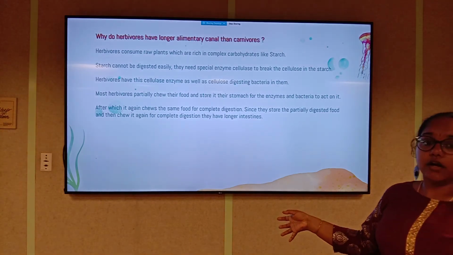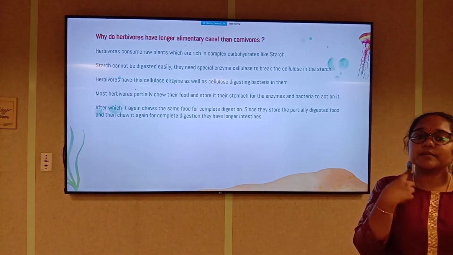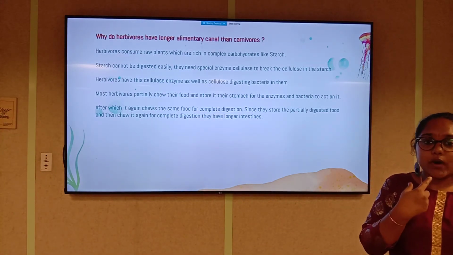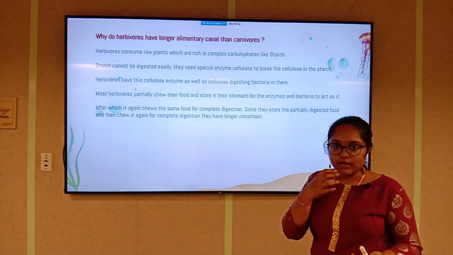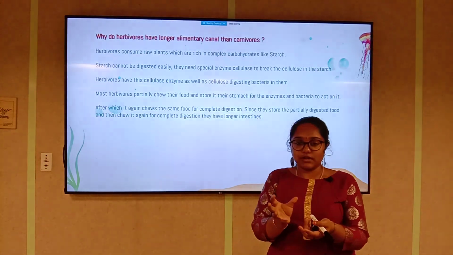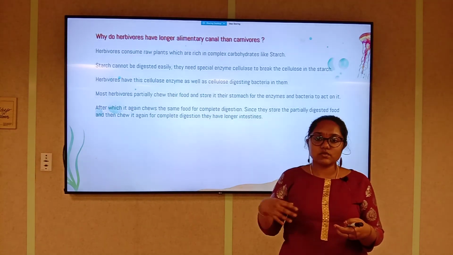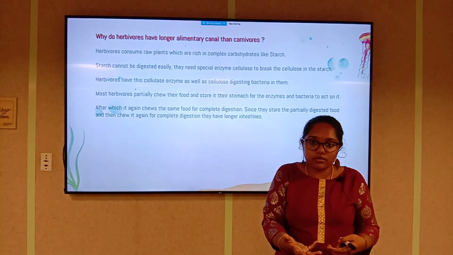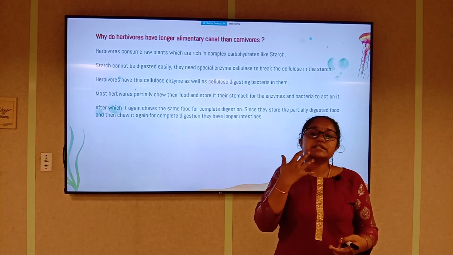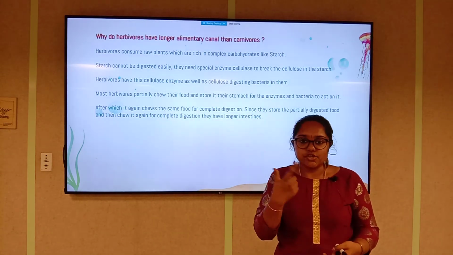Now if you see a cow, it always keeps on moving its mouth. Why? After eating the first set of grass, it keeps quiet for some time, and then after 2 hours or so, again it brings back that stored food from its stomach to the mouth, and then it chews.